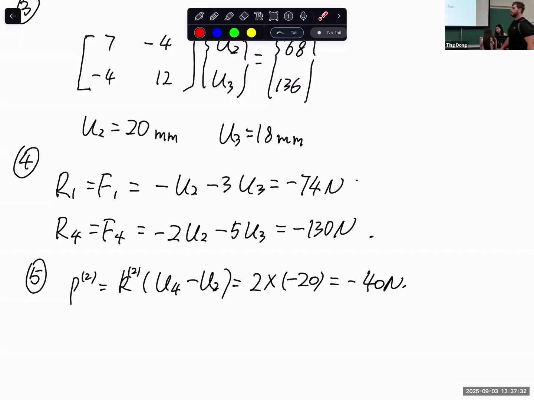I think I got it all. The one thing that could be a little clearer is how we decided that these were zero. Is it based on the element 1, element 4? How does that correspond to the matrix?